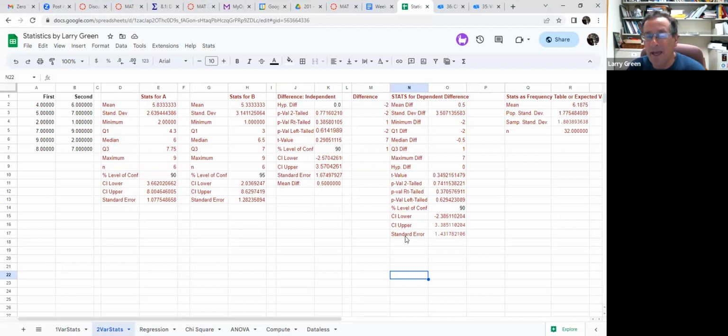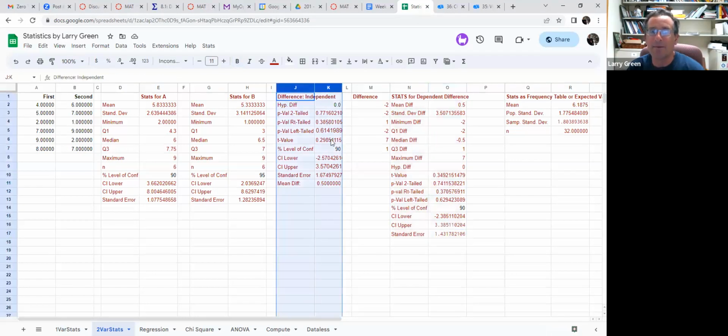And then in your project, let's say you have dependent, you're going to copy and paste N and O into your paper and put that on a page. Whereas if you have independent, you'll copy and paste J and K into your paper. Get the right one down.